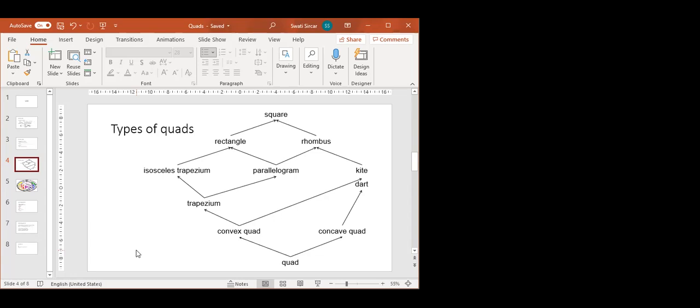See, in a regular tree structure, the branches don't merge, right? But in case of quads, the branches do merge. A square is both a rectangle and a rhombus. It has all the properties of a rectangle and all the properties of a rhombus. So this is not exactly a tree, but a modified tree, you can say.